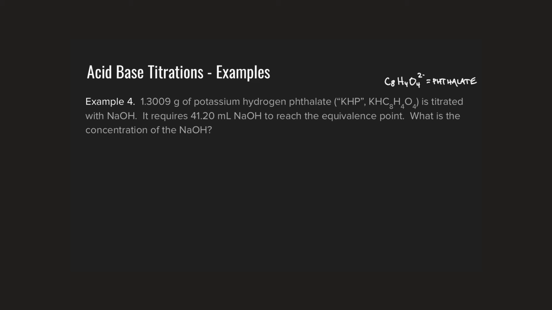First thing I noticed there is that this is an alkali metal compound. And as we are familiar, all alkali metal compounds are soluble in aqueous solution, which implies, therefore, when we dissolve our 1.3009 grams of potassium hydrogen phthalate, the first thing I should expect to see here is a dissociation of that soluble solid into potassium ions, K positive, and the hydrogen phthalate ion, that is HC8H4O4 1 negative.